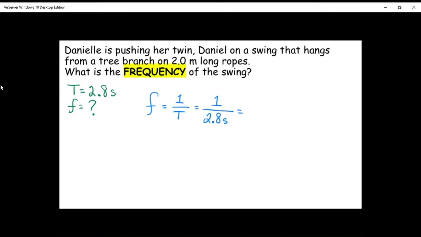Plug that in our calculator, we get 0.36. And because we have frequency, we need to use the units hertz. Final answer.